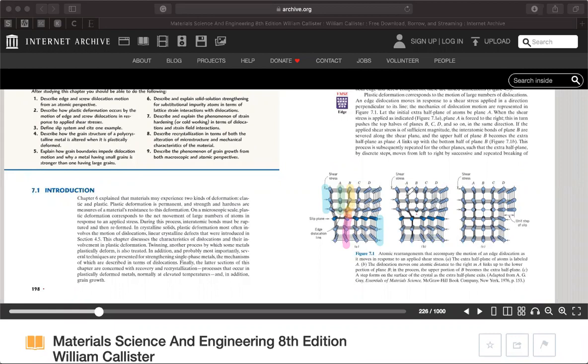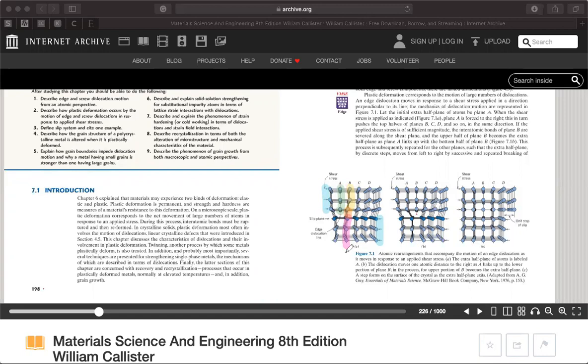So what's going to happen? Let's now see as time progresses, if you're still applying the shear stress. The top portion of plane A will get connected to the bottom portion of B.